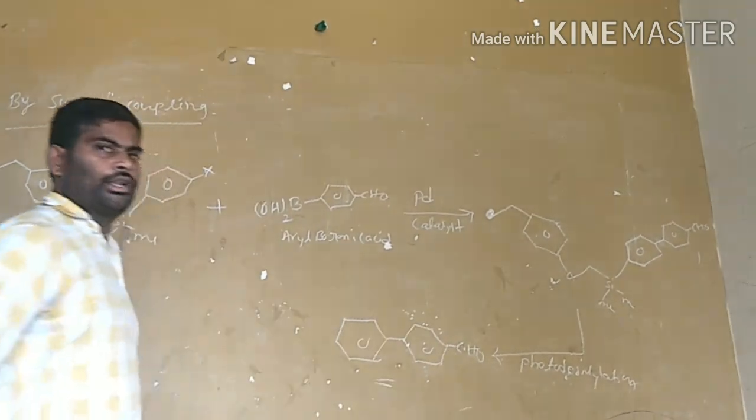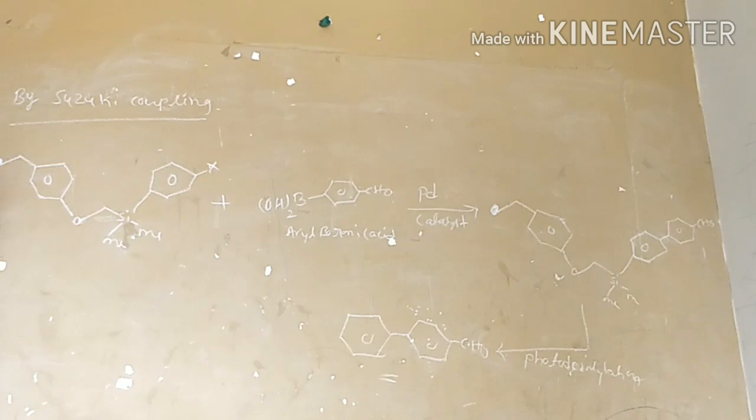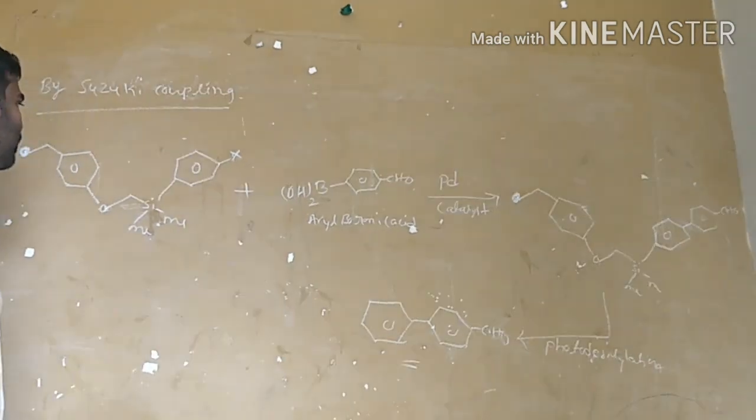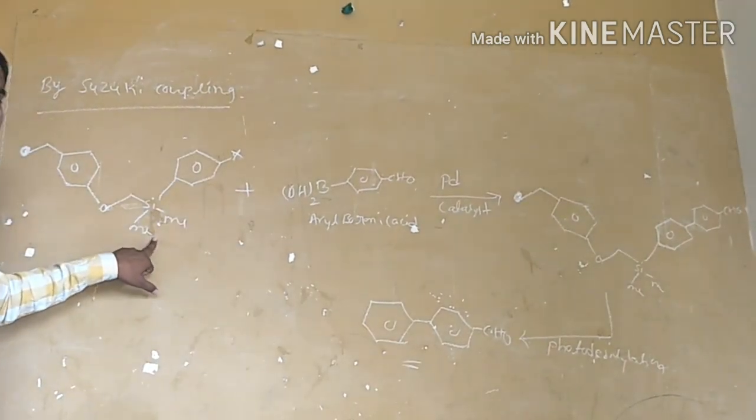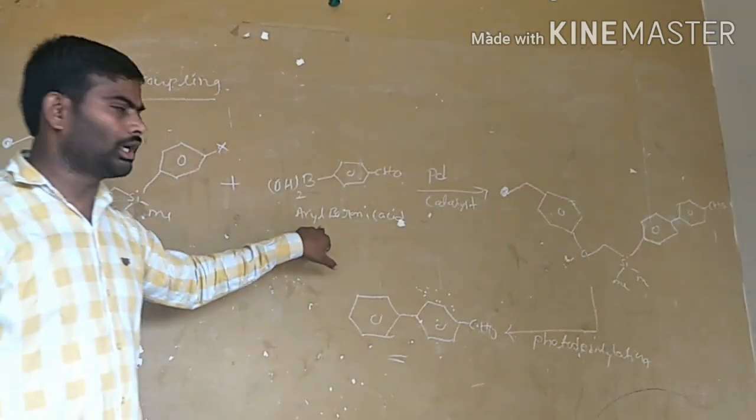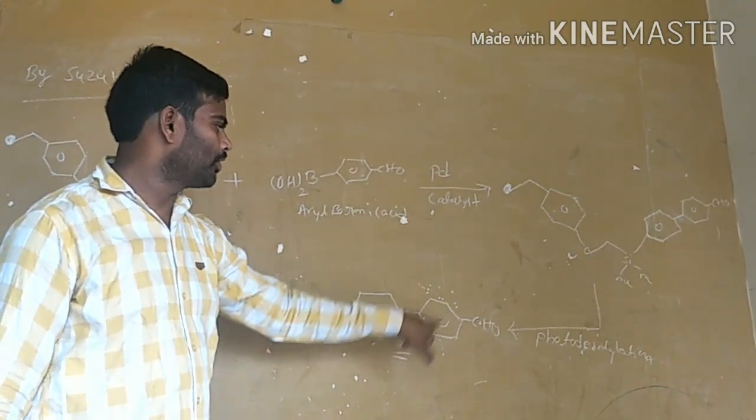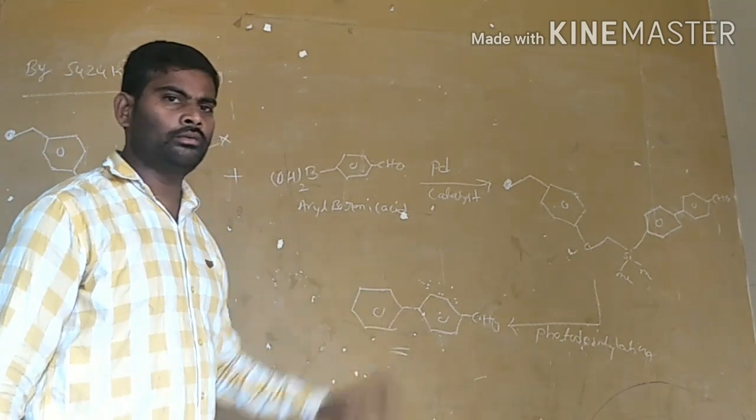This Suzuki coupling reaction is a CC bond formation reaction. Here, this resin bonded aryl halide, when treated with aryl boronic acid in the presence of a palladium catalyst, produces a CC bond forming here.